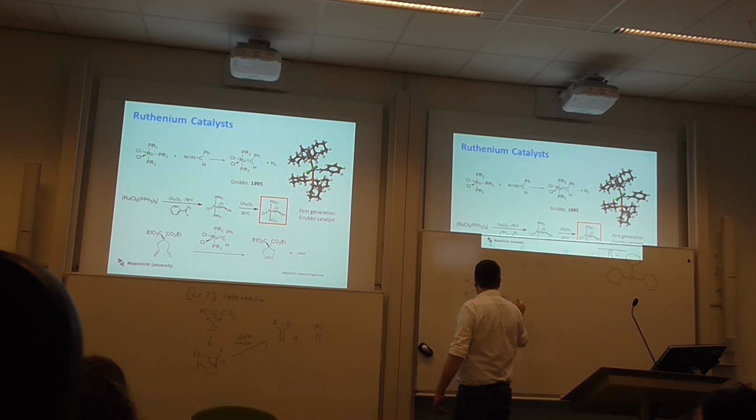Is this now the starting point in our catalyst cycle? And then it goes round and round and round, yes or no? No. Why not? Because it's 16, so the alkene can just go in.